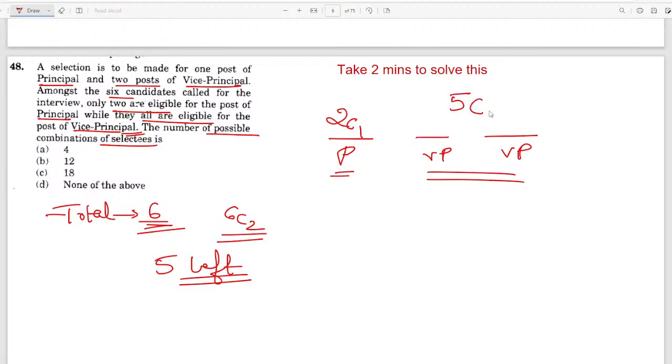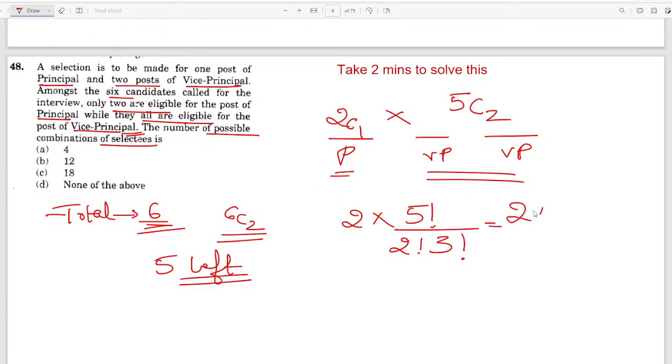So the number of ways in which you can select these 2 people is 5C2. And the total number of ways in which you can select the principal and vice principals is 2C1 into 5C2. This is 2 into 5 factorial divided by 2 factorial into 3 factorial. 2C1 is 2 itself.